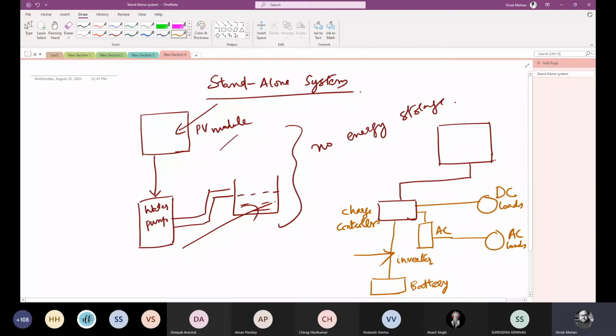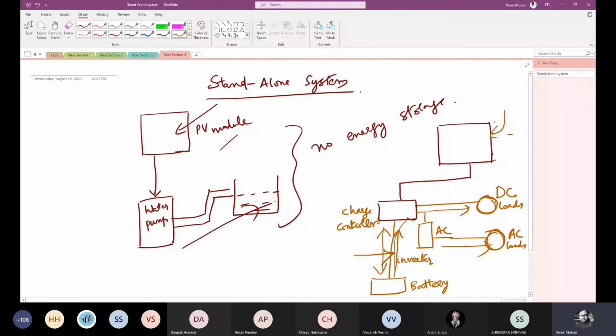And if sufficient sunlight is not there, then how will you power the DC and AC loads? The battery will discharge, and through the inverter it will power the AC loads, and directly from the DC power output of the battery, it will power the DC loads. So the discharging and charging is contextual. It depends on the sunlight that is available.